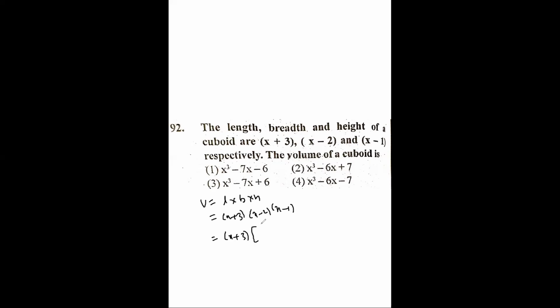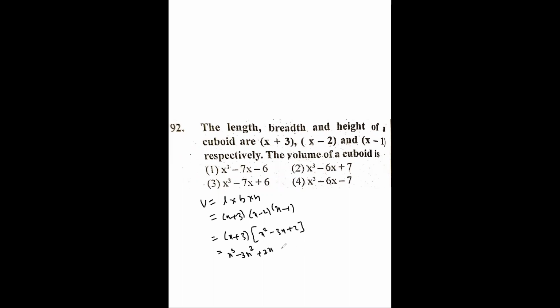So x minus 2 into x minus 1 will be equal to x square minus 3x plus 2. On simplifying it further, we get x cube minus 3x square plus 2x.